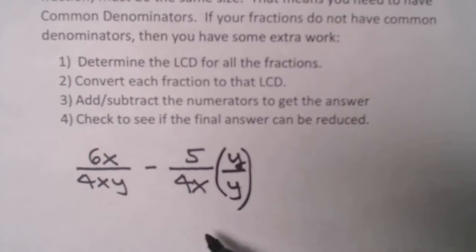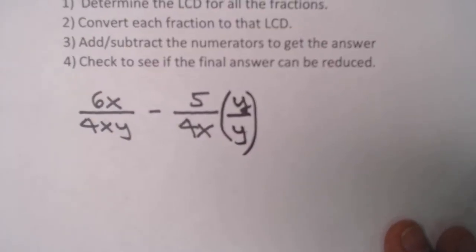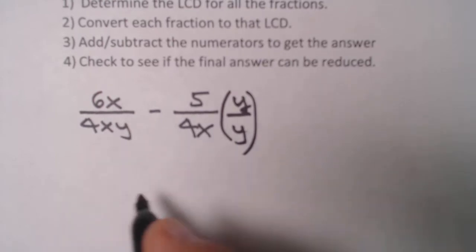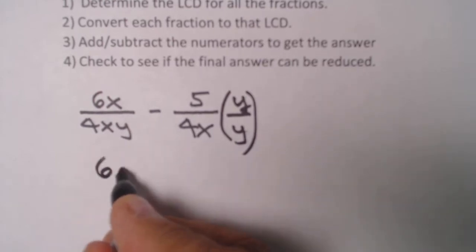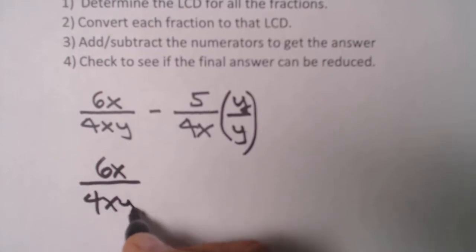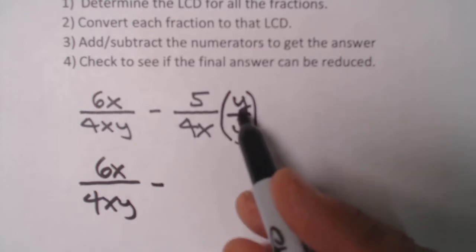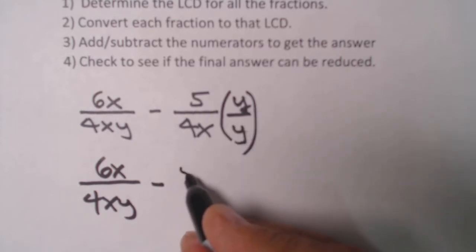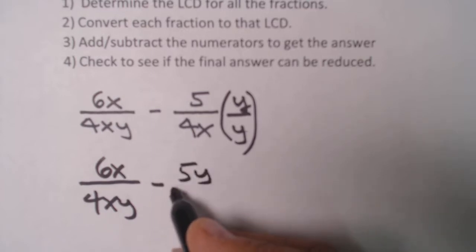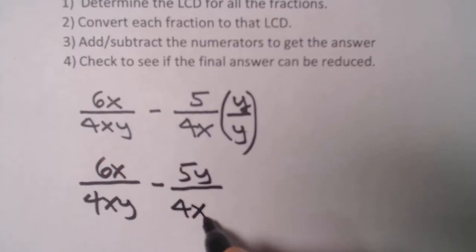So if we do that, let's scoot up a little bit and see what we end up with. Remember, the first one was at our LCD, 4xy downstairs. The second one, since we're multiplying top and bottom by y, has 5 times y upstairs, and downstairs 4 times xy. We now have common denominators.